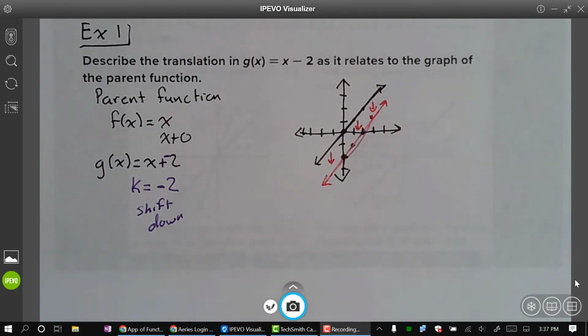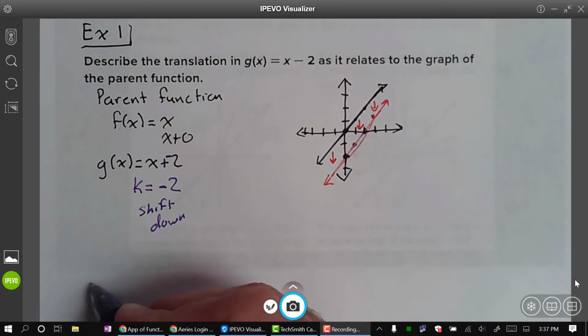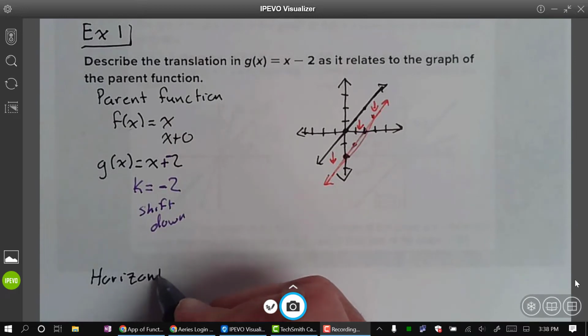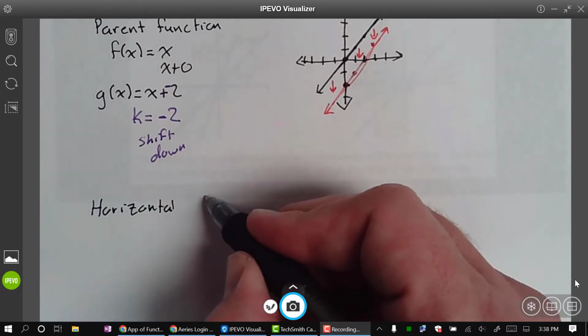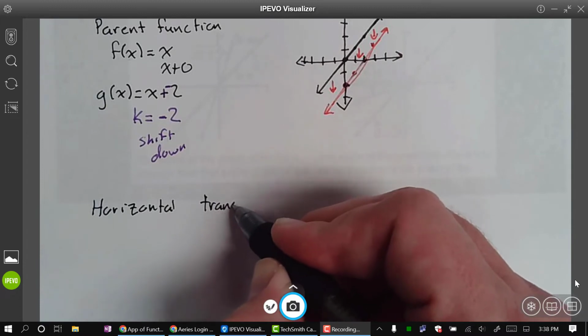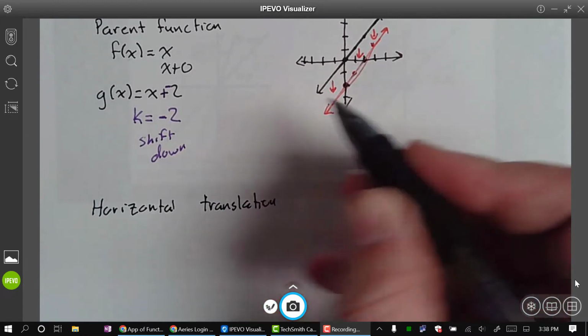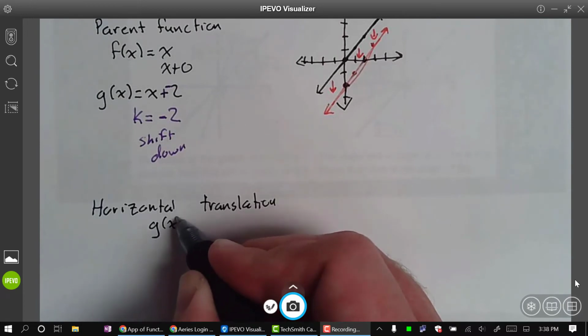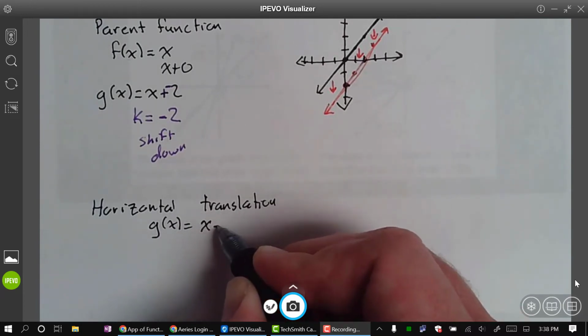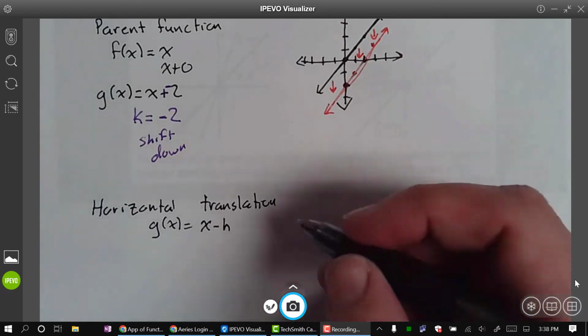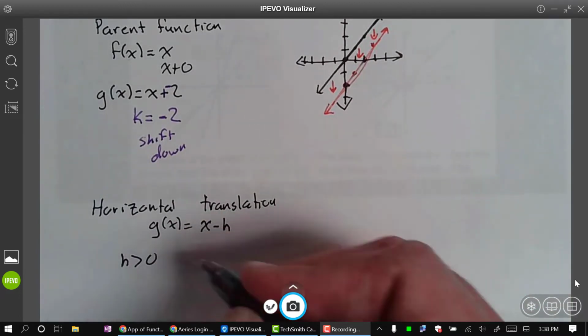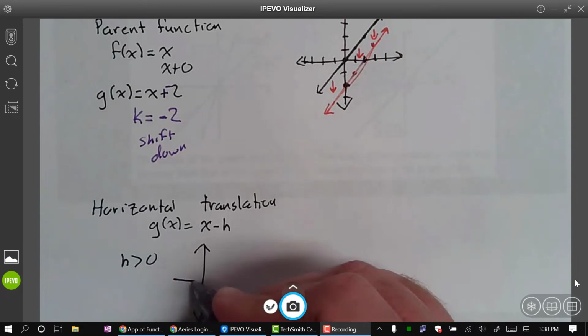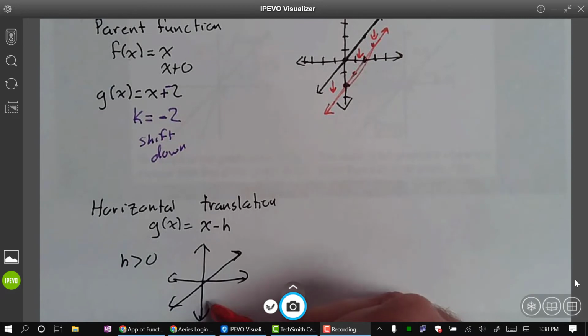The other type of translation is horizontal translation. This is if g of x equals x minus h. If h is greater than 0, we have our parent function again, and then we would shift it to the right.